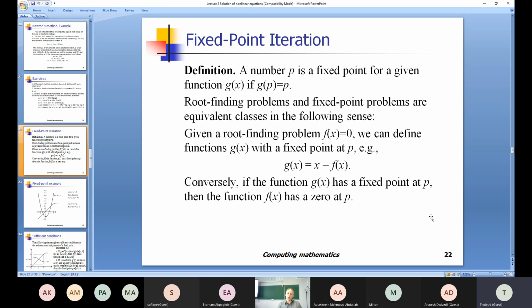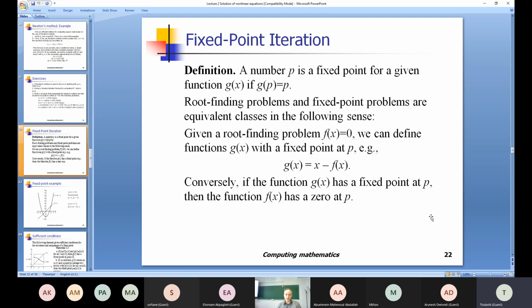Again, I can say that the idea of a fixed point iteration method is very powerful, and this idea can be applied for solving not only this type of problems, but some other types of problems.